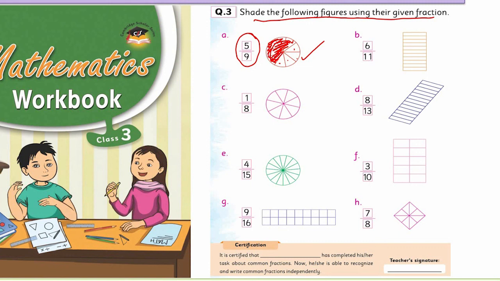Look. Similarly, complete other parts of this question at your home. After that, send your workbook to your teacher for checking. Your teacher will give you a certificate and he or she will sign here.